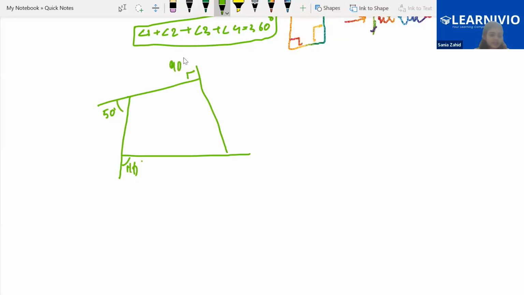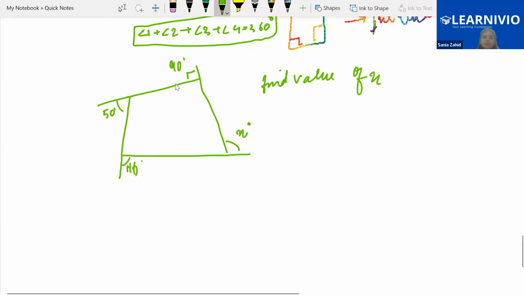This angle is 90 degrees. And this angle over here is x degrees. Now you have to find the value of x. How can you find x? I taught you that 90, 50, 110 and x are all external angles. So you just apply the same property, that the sum of all the exterior angles of a polygon is equal to 360. So just add 90.